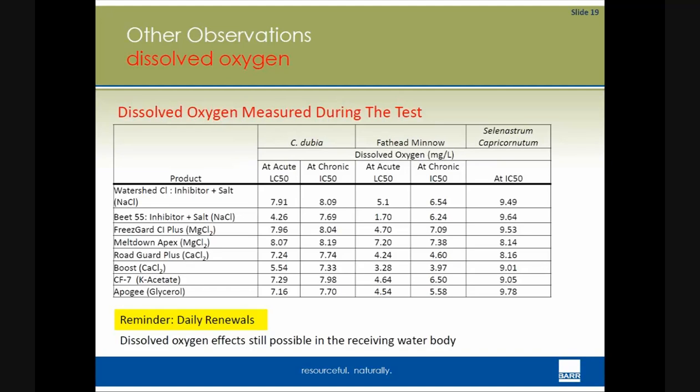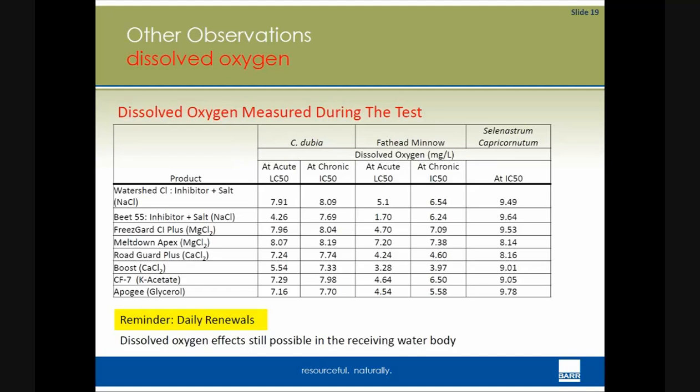So I figured out the concentration of dissolved oxygen in the particular chemical test at the LC50, at the IC50 for each test species. And I only did that for the IC50 for Selenastrum because that's only a chronic test.